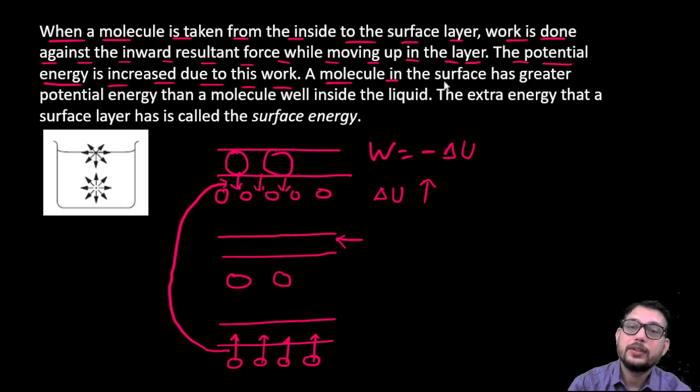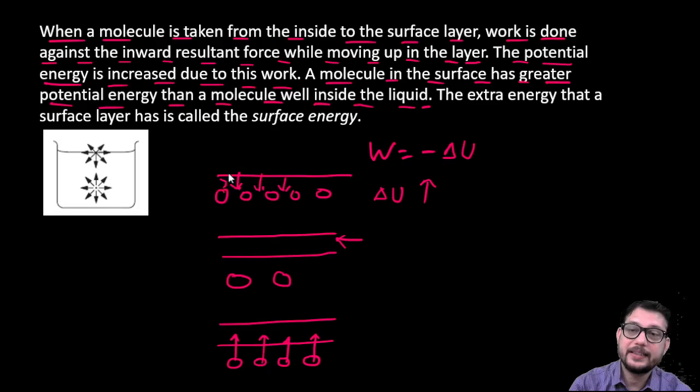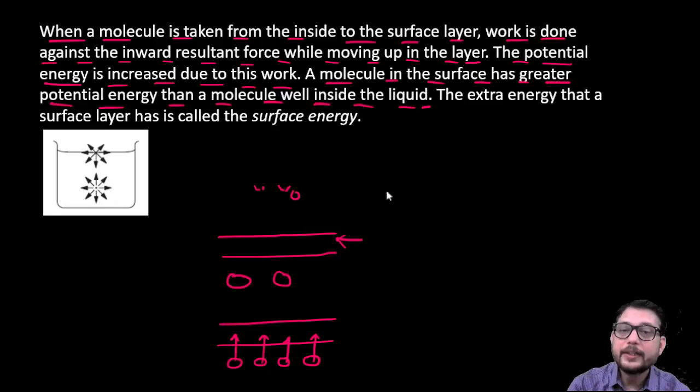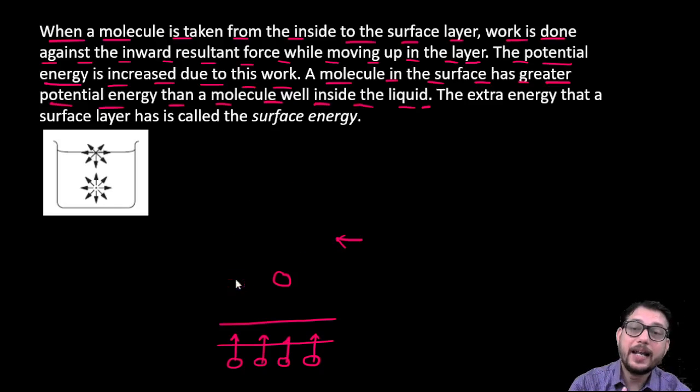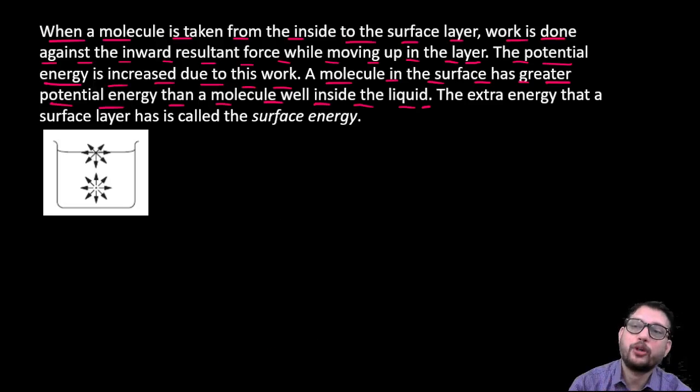A molecule on the surface has greater potential energy than a molecule well inside the liquid. It means the molecules at the surface of the fluid have higher potential energy.